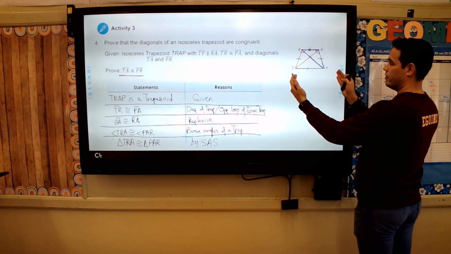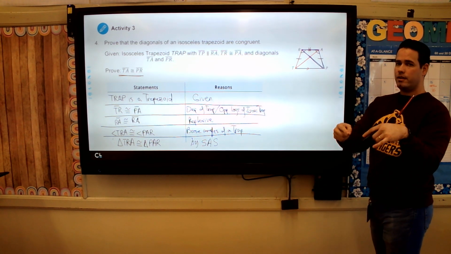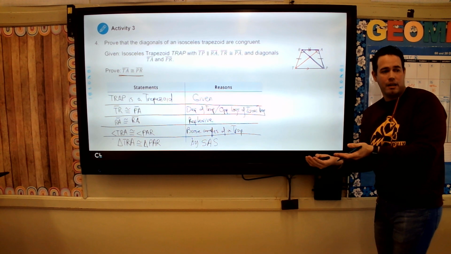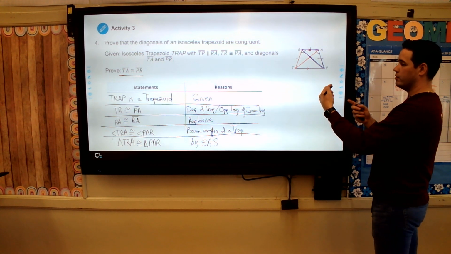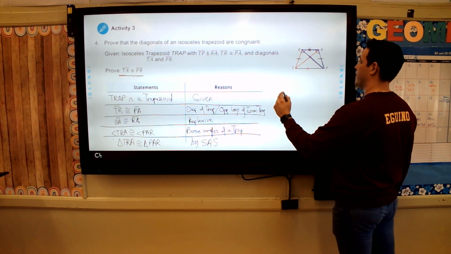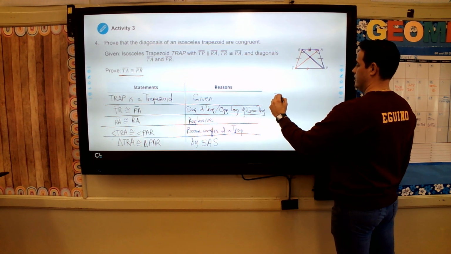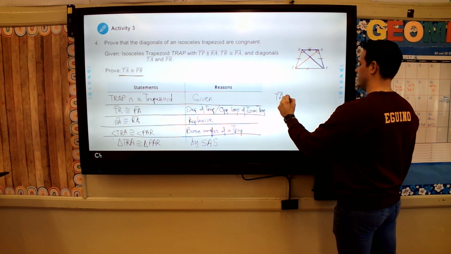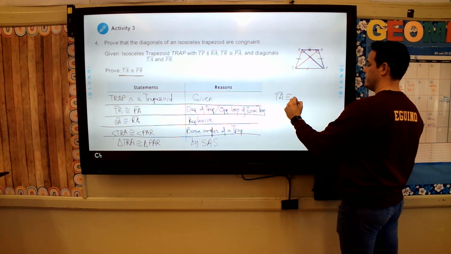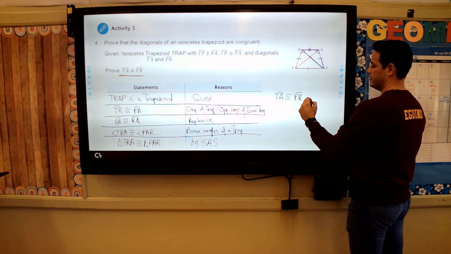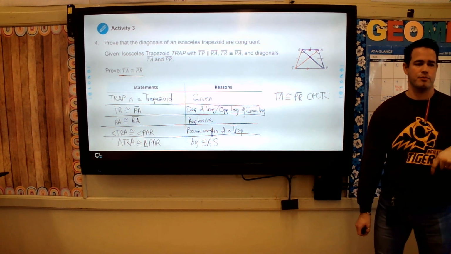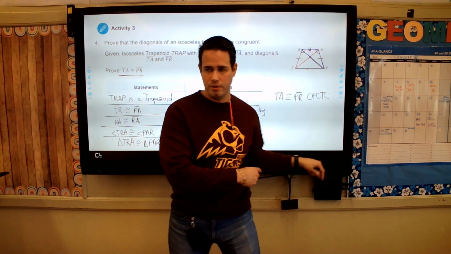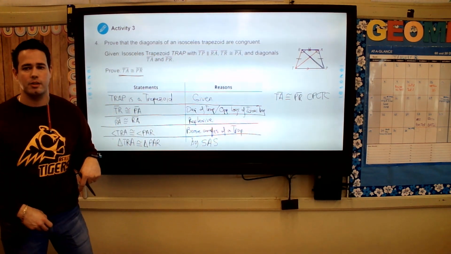Now that I proved the triangles are congruent, every other corresponding part that I didn't use in my proof is also congruent. So now I could easily say that TA is in fact congruent to PR, and that is by CPCTC. That stands for corresponding parts of congruent triangles are congruent.